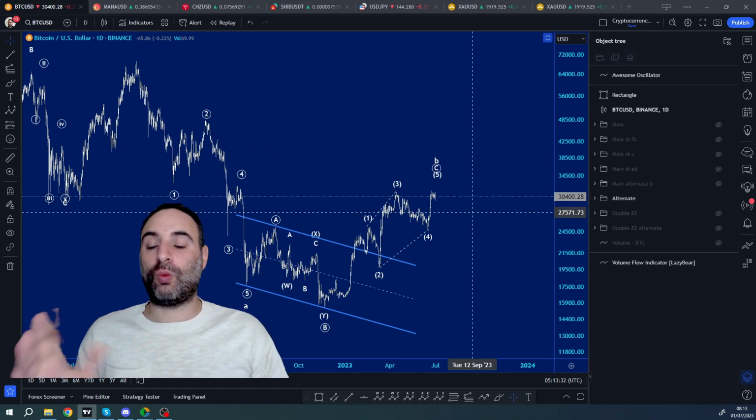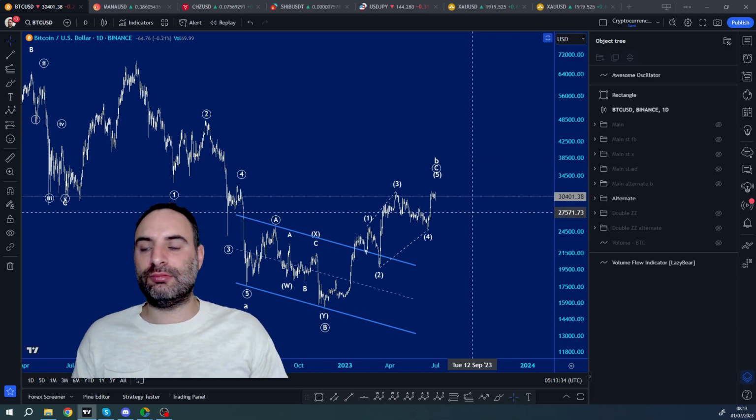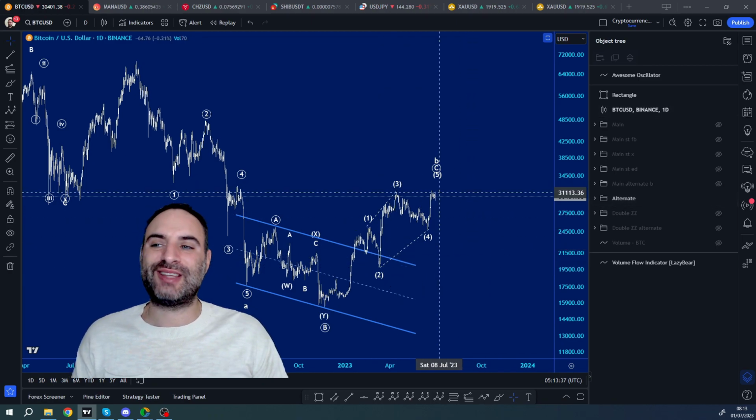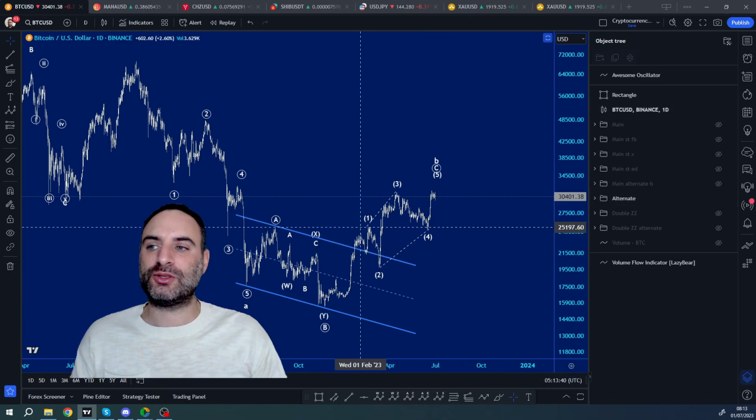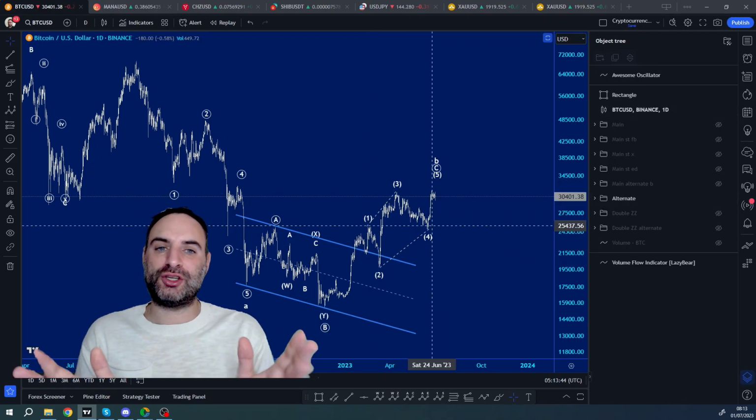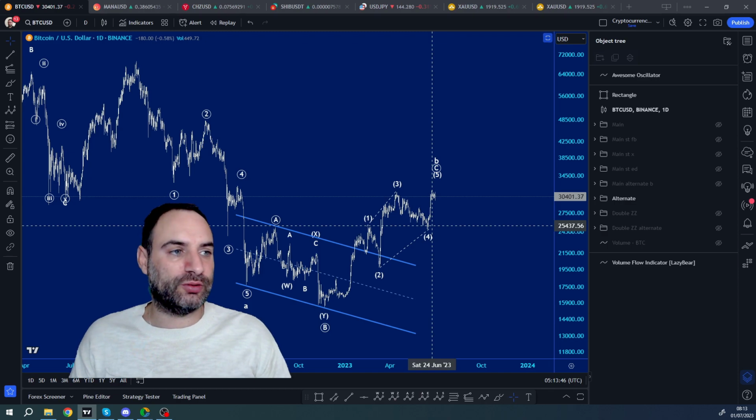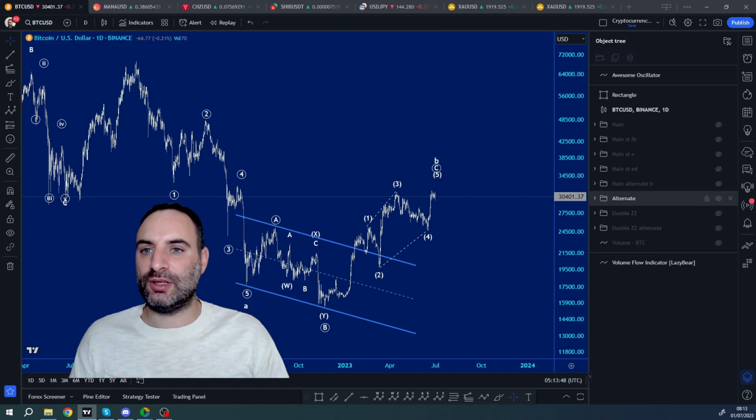Why am I not really leaning towards that scenario, and it's an alternate, is because it doesn't have the right look for an ending diagonal. You see this line and these two lines, they look more like they diverge rather than converge. So this is one of the issues.